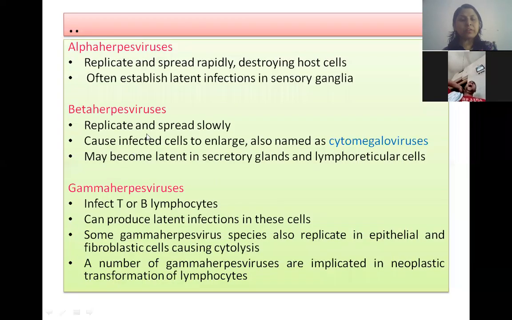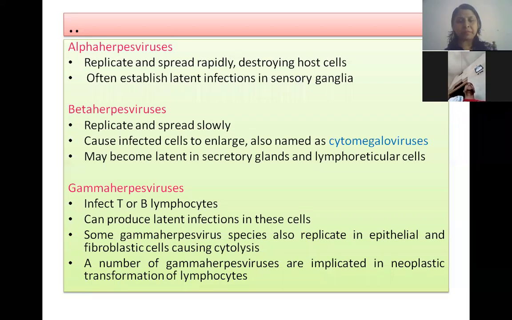Coming to the characteristics of the different herpesviruses: alpha viruses replicate and spread rapidly. As I told earlier, they are rapidly cytopathic, and they cause latent infections.